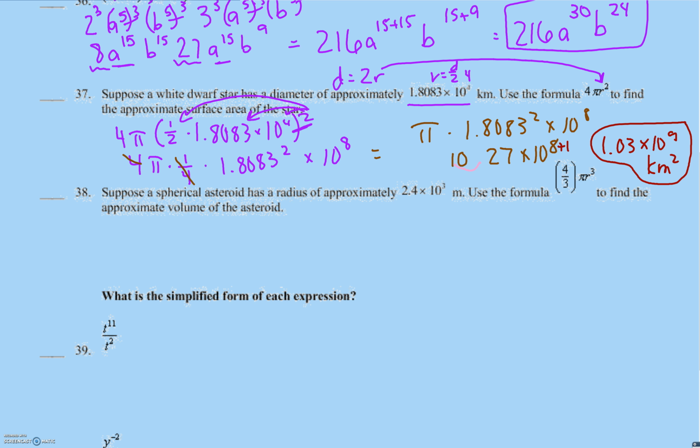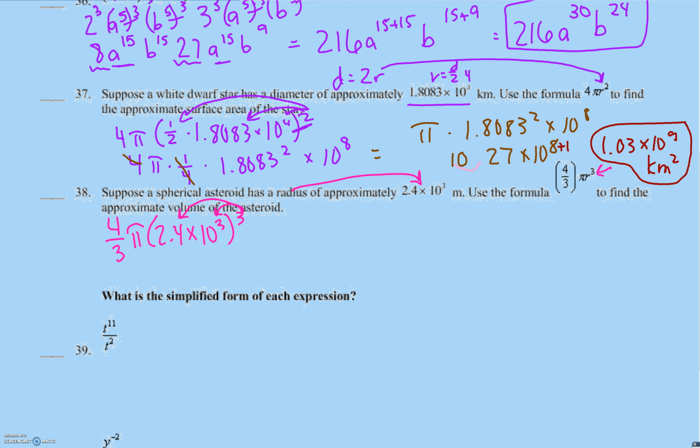Suppose a spherical asteroid has a radius of approximately 2.4 times 10 to the 3rd meters. Use the formula 4/3 pi r cubed to find the approximate volume of the asteroid. So here we have 4/3 times pi times radius, and we know that our radius is 2.4 times 10 to the 3rd power, and our radius is cubed. I can take that cubed to both pieces inside my parentheses.